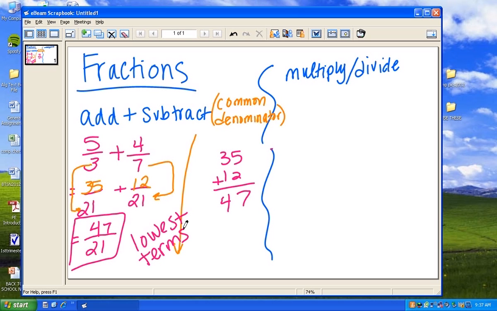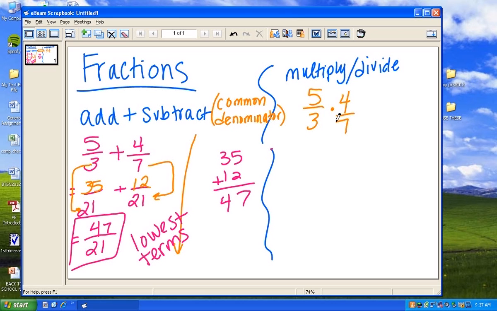Now, let's remind ourselves of how we multiply and divide. Do we have to have common denominators? No, we do not. So if I have 5/3 and I'm multiplying it by 4/7, I don't have to have a common denominator. I just get to do what? Who can tell me?